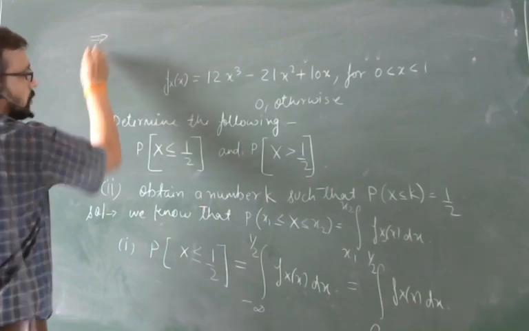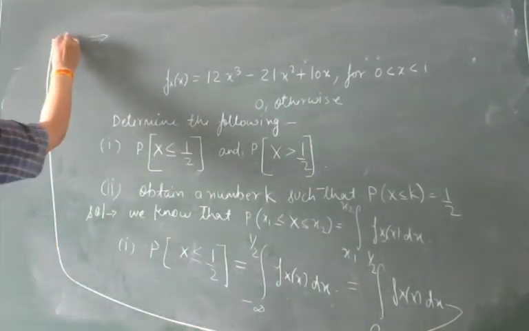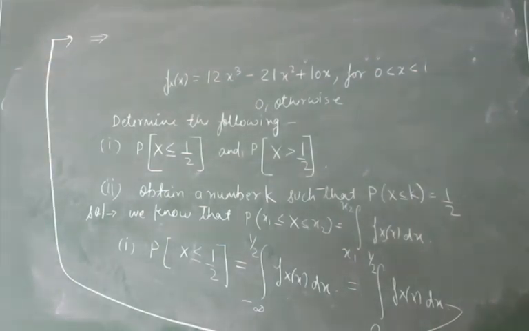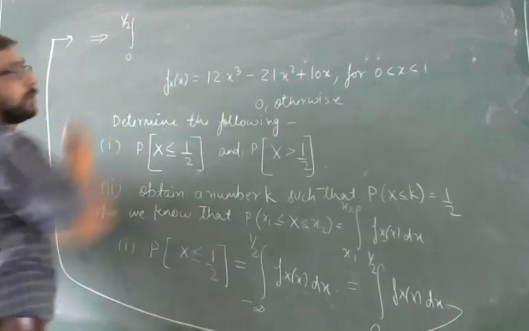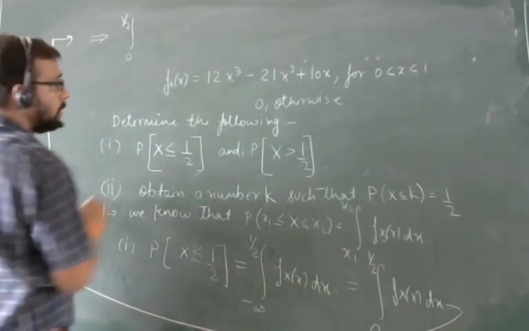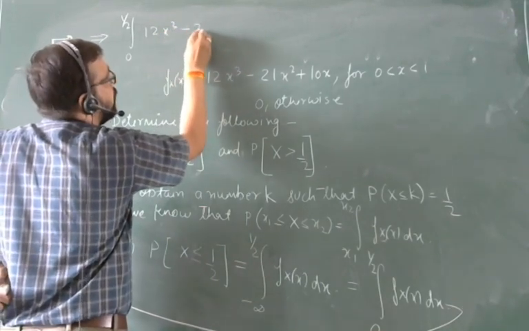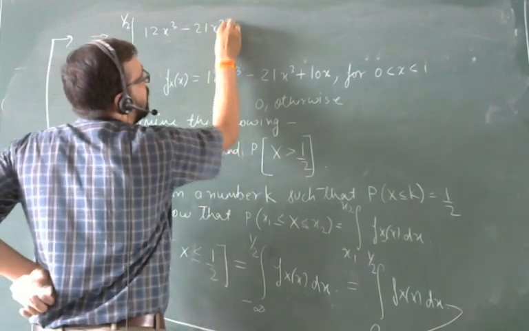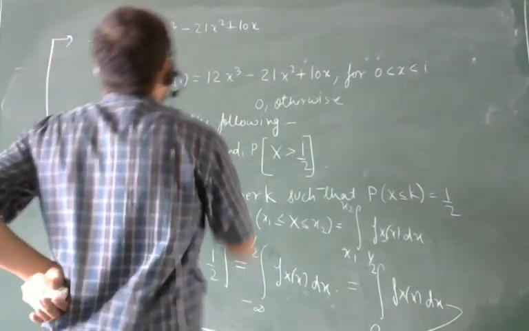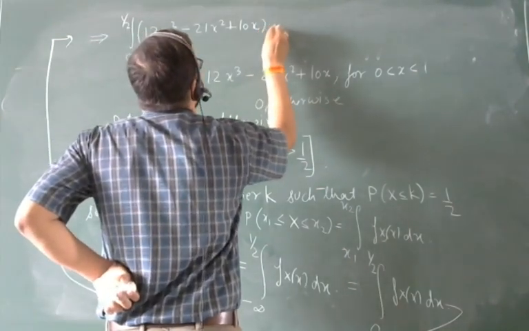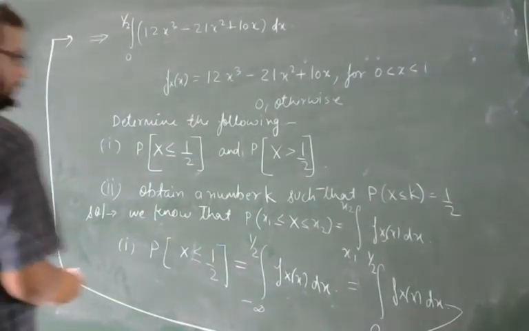After that, P equals the integral from 0 to 1 upon 2 of (12x cubed minus 21x squared plus 10x) dx.